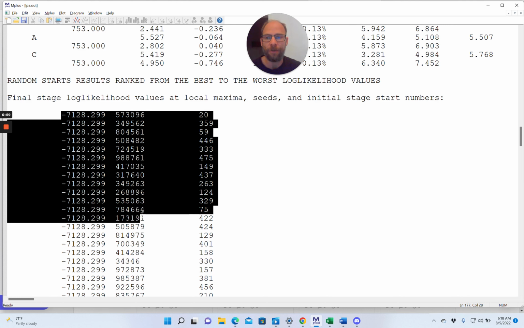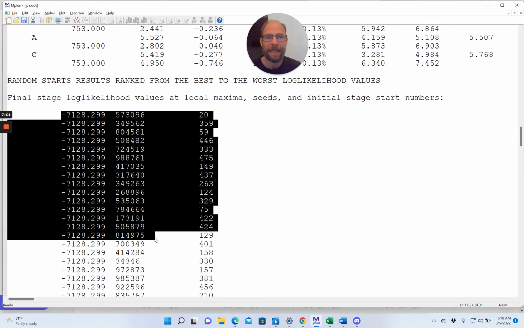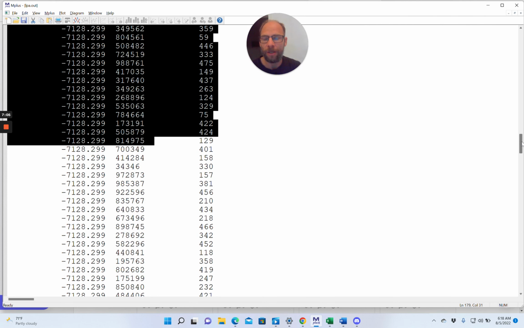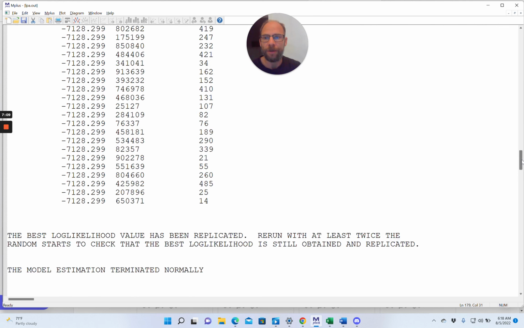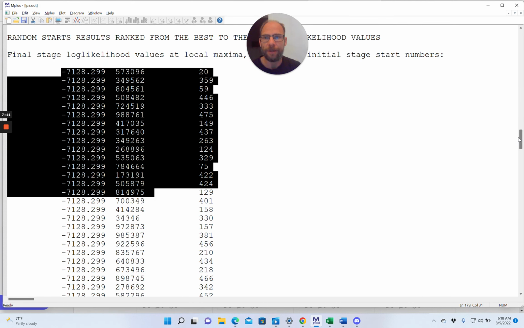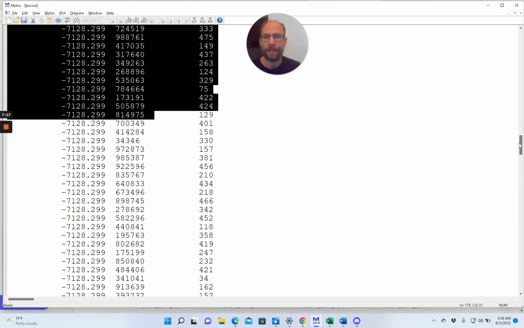You can see that all of these log likelihood values here are identical. When we scroll down, you can see they're all -7,128. And so this is fine. So this shows you that this solution has been replicated across these different sets of starting values, and it's been replicated a sufficient number of times so that we can be confident in this solution.